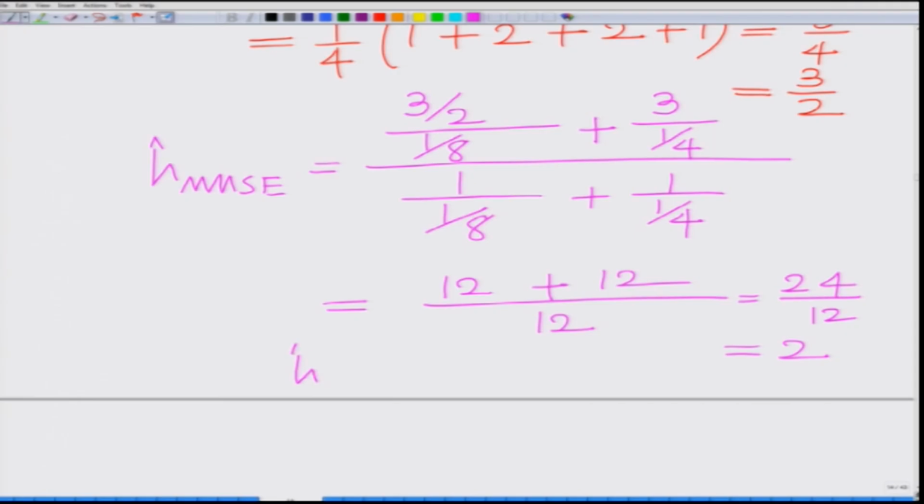Therefore, in this simple example, the MMSE estimate of the parameter, h hat MMSE, is equal to 2.